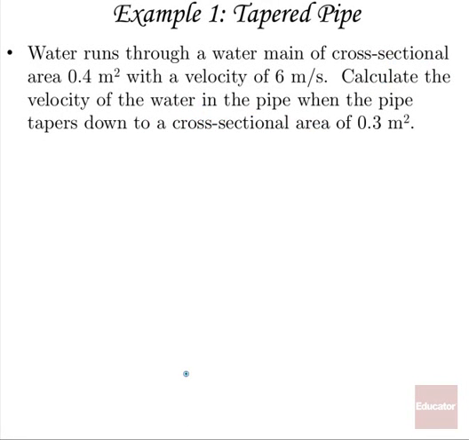So let's look at some examples and applications. If water runs through a water main of cross-sectional area 0.4 square meters with the velocity of 6 meters per second, calculate the velocity of the water in the pipe when the pipe tapers down to a cross-sectional area of 0.3 meters squared. Well, continuity equation for fluid says A1V1 must equal A2V2.